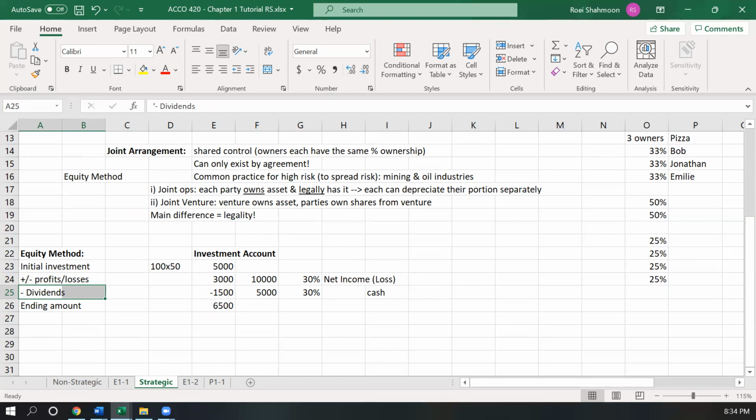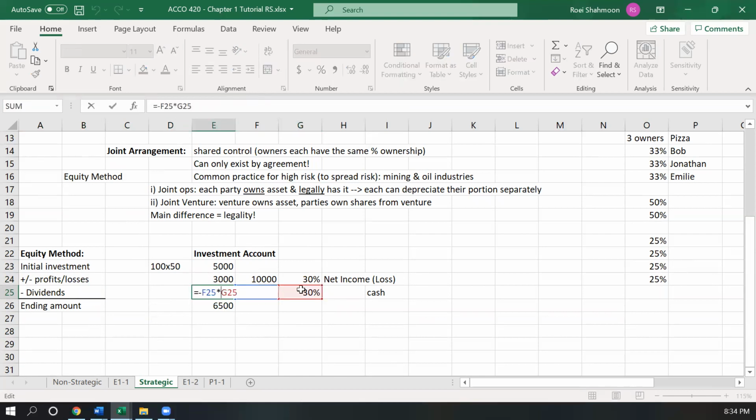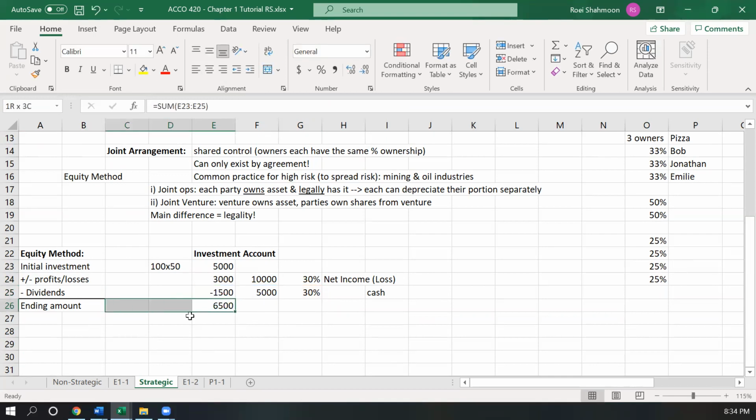Your company is giving out money. So it's like there's now less money in the company which you own, which is why this is now a negative amount. Let's say they declare 5,000. I take 30% of that and I subtract that, negative 1,500 to get my ending amount.